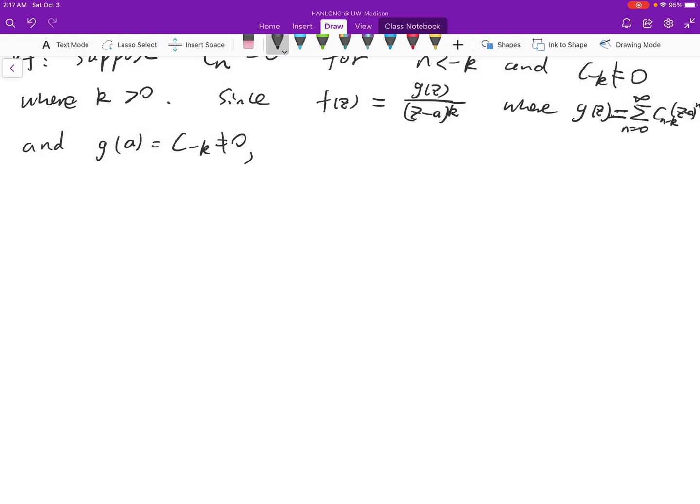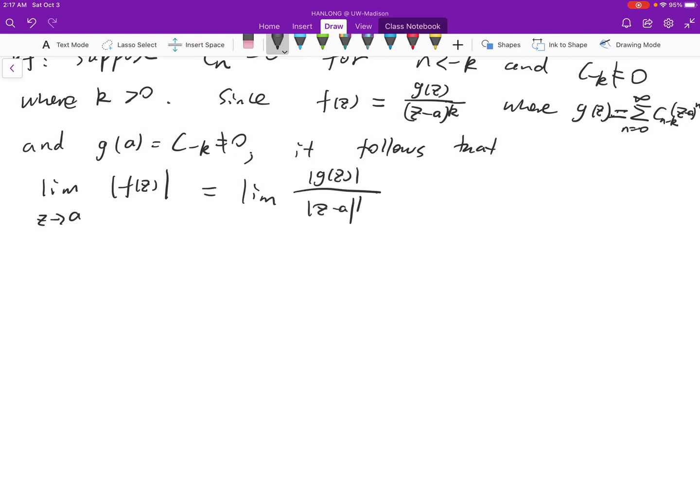So because of this fact, it follows that the limit of the absolute value of f when z goes to a is, you plug in, the limit of the quotient.